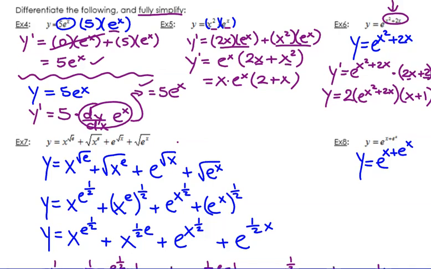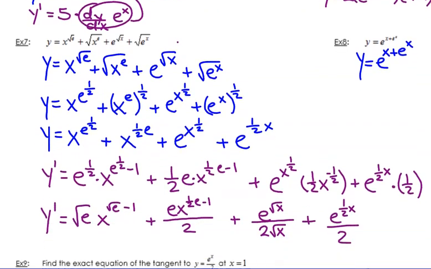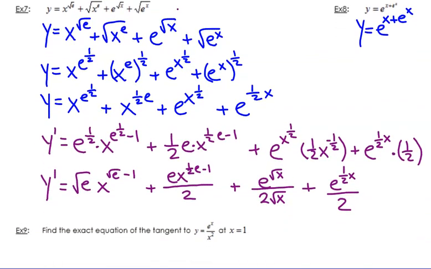Okay, now I did the next one for you because there was a lot to it and it looks kind of confusing. I rewrote it in the first step right here. Notice that everything in blue is just me fiddling around with the original function to make it nice so that I can take the derivative. In this step, I changed every radical into an exponent instead of 1/2.